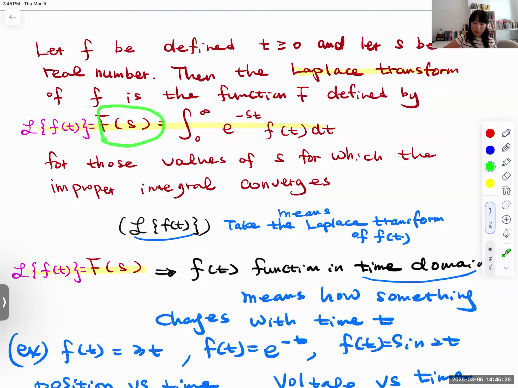Since this is a function in terms of s, that is the Laplace transform.